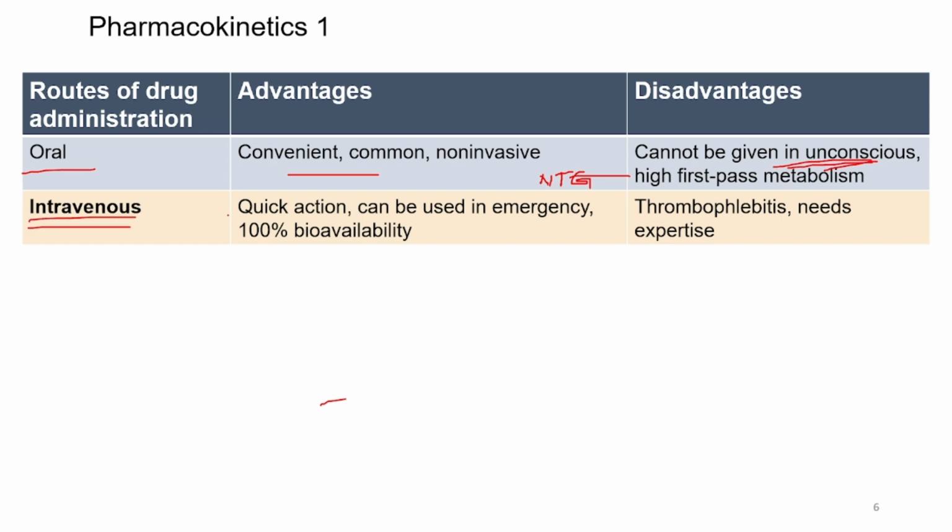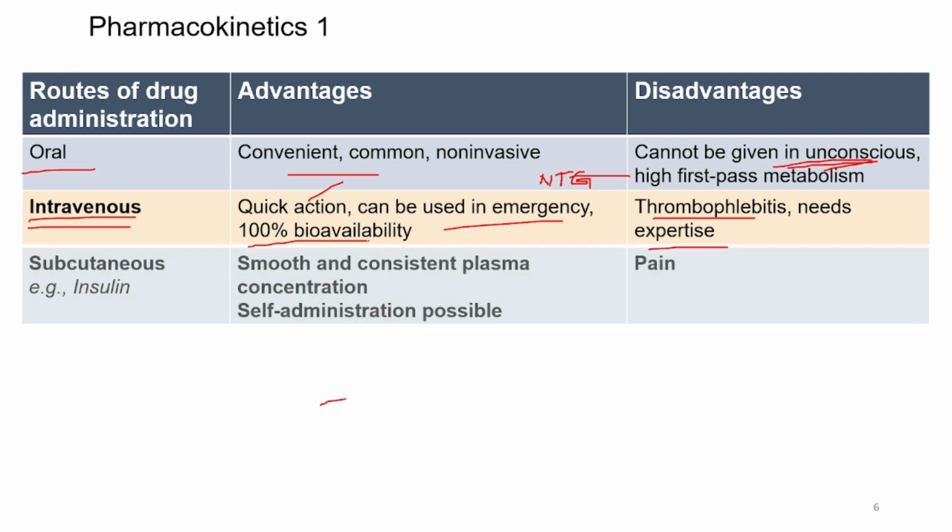IV route of administration is quick and can be used in emergency, but you need an expert. There is always a risk of thrombophlebitis, inflammation of the veins, and 100% reaches the systemic circulation. The disadvantage is you need an expert, and it is usually done in the hospital. Subcutaneous route of administration for drugs like heparin and insulin has the advantage of smooth and consistent plasma concentration.